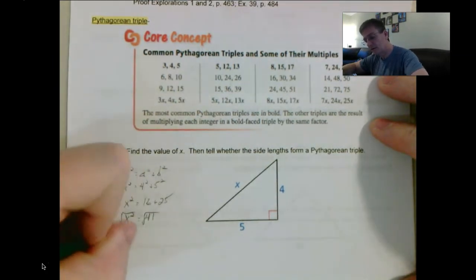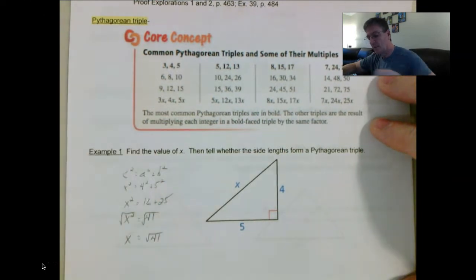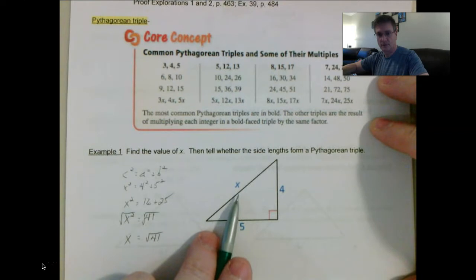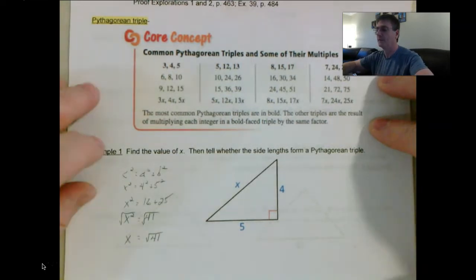Square root both sides, x equals square root of 41. Now, in algebra, that would be plus or minus the square root of 41, but since this problem relates to a geometric figure and x can't be negative because it represents the length of the side of a triangle, it's just the positive square root of 41.